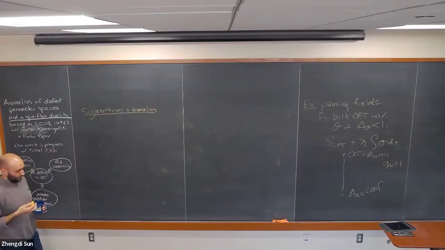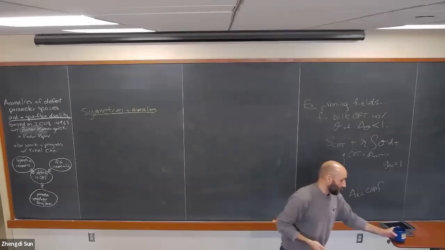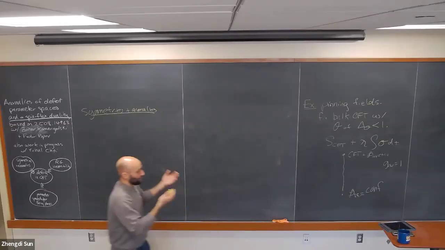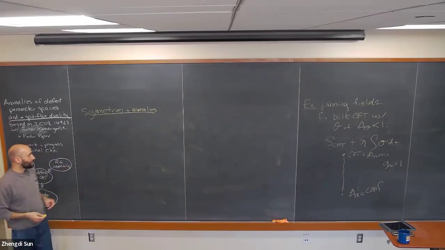Basically, anomalies are these robust quantities that you can associate with a symmetry acting on a quantum field theory, and the idea is that you can compute them in the UV and they're preserved along the entire RG flow. And they exclude various possibilities simply because, for example, a trivial endpoint is incompatible with the UV having an anomaly.